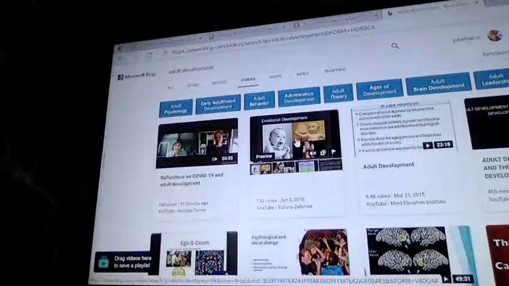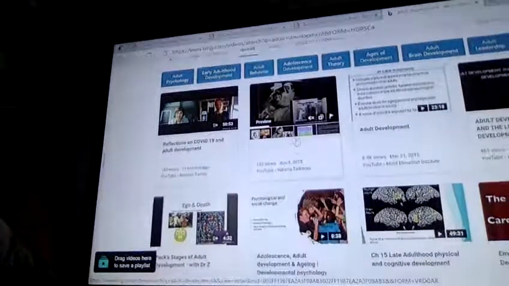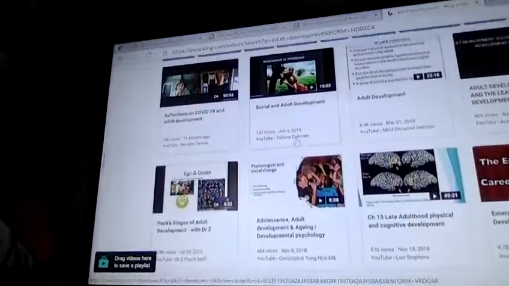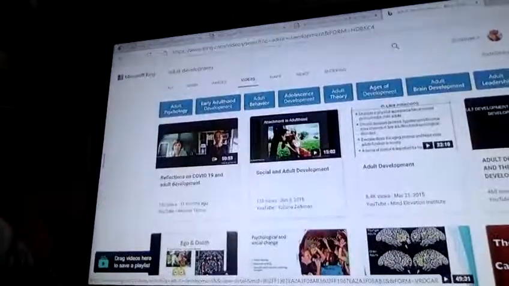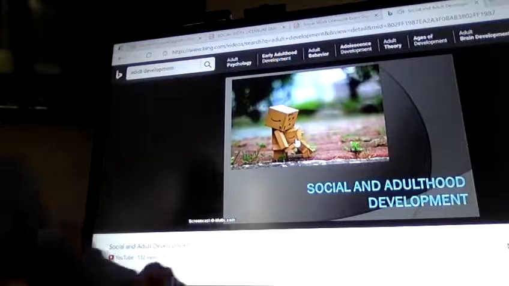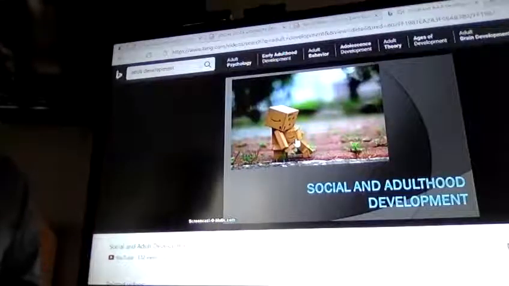There are some good thoughts and good stuff to get into that I wanted to start off with, unless we have a presentation. So starting off with this: social and adulthood development.